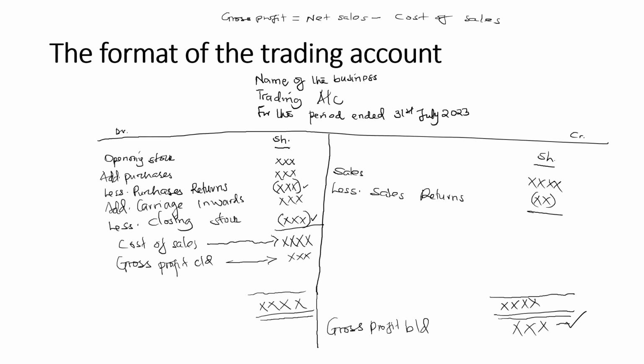And this is what we have used there. In case we calculated the gross profit and we end with a negative, then it seems that the business made a loss. When we are calculating a gross profit and we are getting the negative sign, it means that the net sales is less than the cost of sales, then it is a loss.